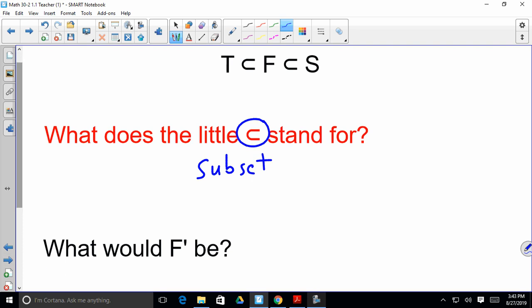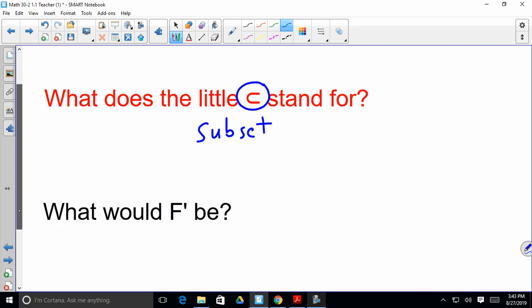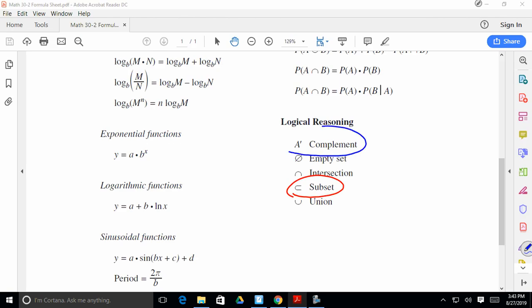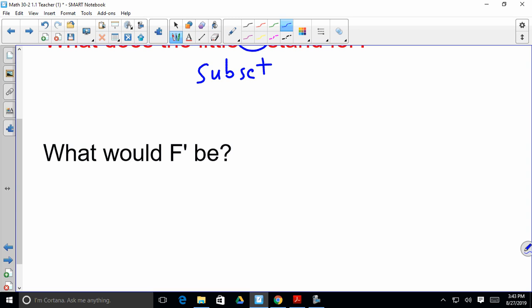Now, f prime. What would f prime be? Remember the technical definition? Complement. The formula sheet. It's the complement of f, it's everything that's not f.